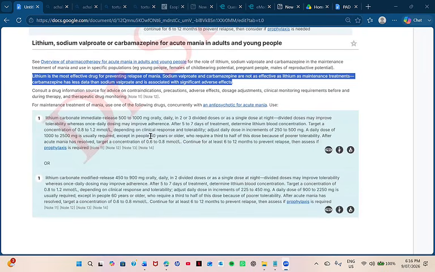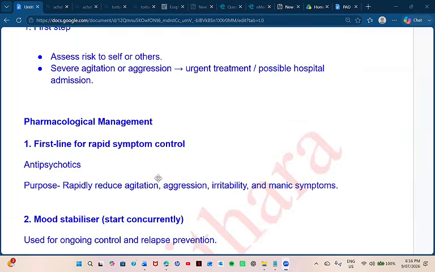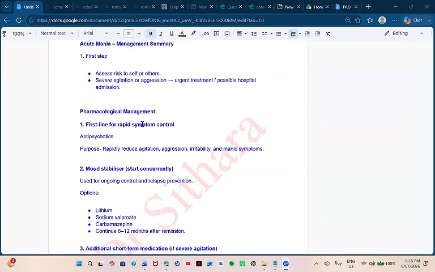Lithium carbonate immediate release 500 to 1000 milligrams orally daily in 2 to 3 divided doses, or a single dose at night. And remember the target concentration is 0.8 to 1.2 millimoles per liter, depending on clinical response and tolerability.